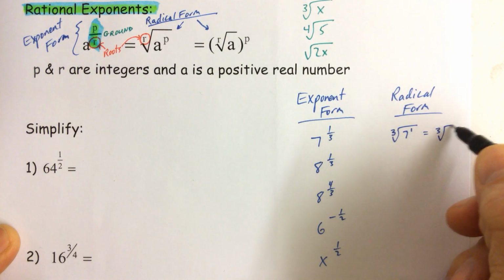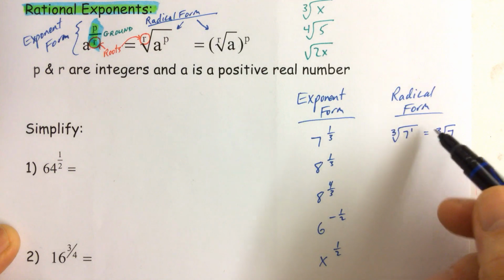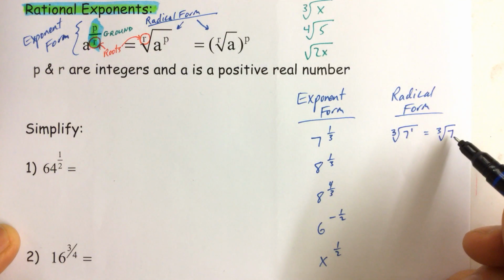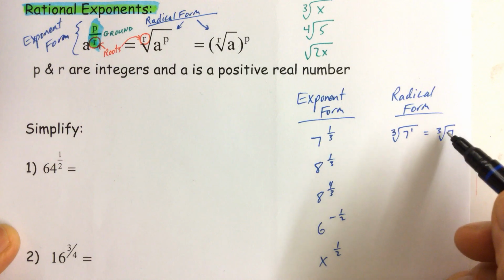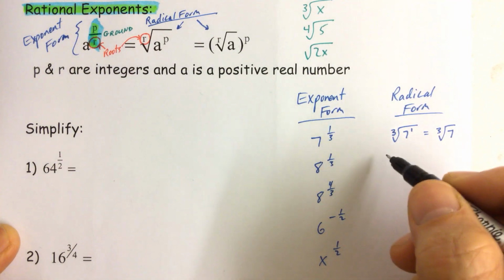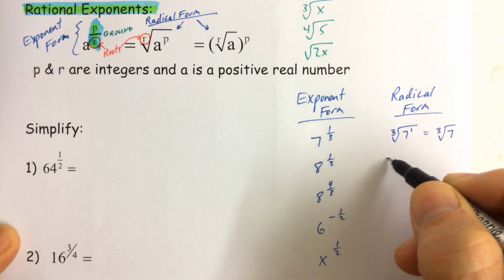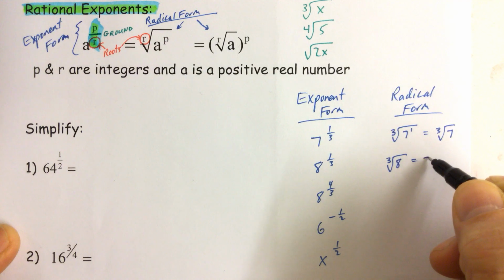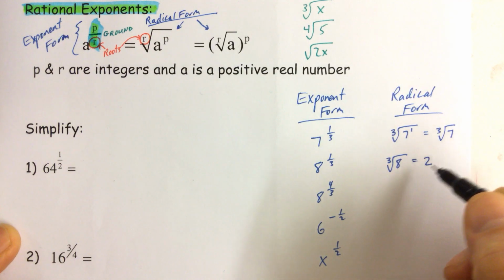We can just write cube root of 7. And so cube root of 7 would be simplest radical form. We can't simplify that anymore. 7 is not a perfect cube, so 7 does not have a perfect cube root. On the other hand, we can write 8 to the 1/3 as the cube root of 8, and we've already learned that the cube root of 8 is 2.